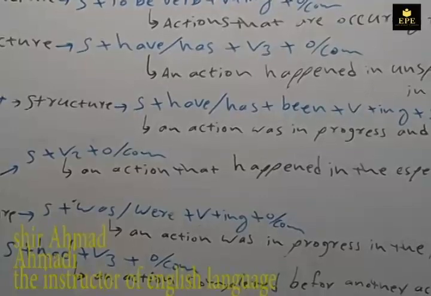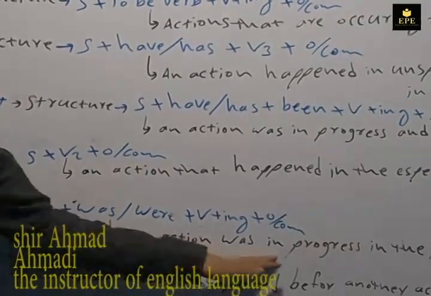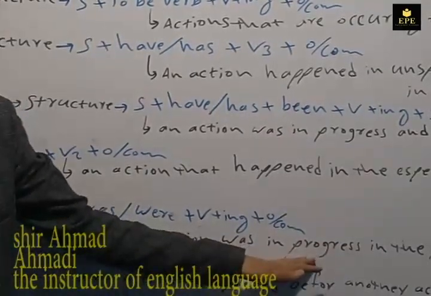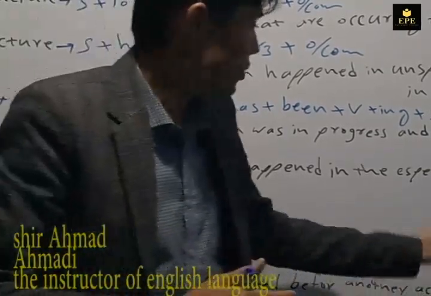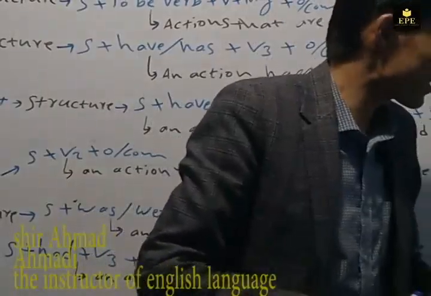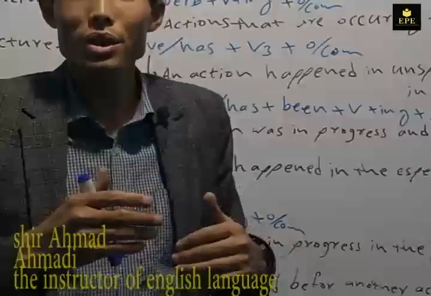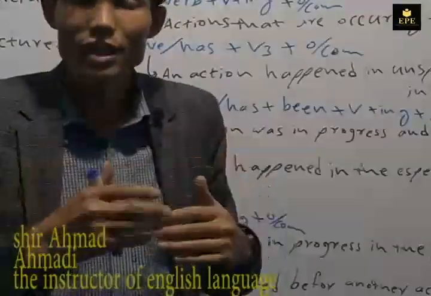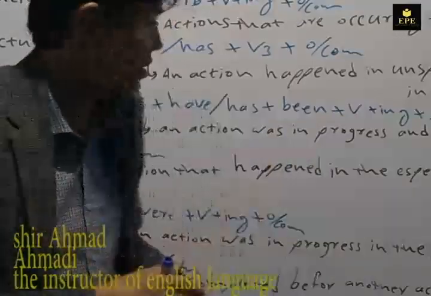So, if you love to have short definition, I want to mention that an action was in progress, an activity was continuing in the past. So the example is here. He was speaking English last day. Last day he was speaking English. The speaking English was in progress, was continuing like that.